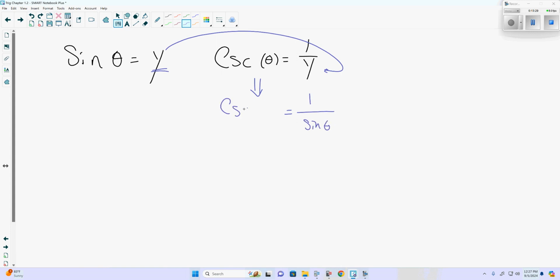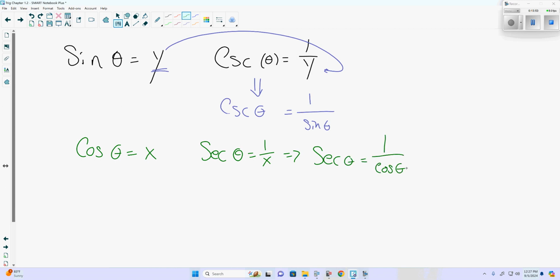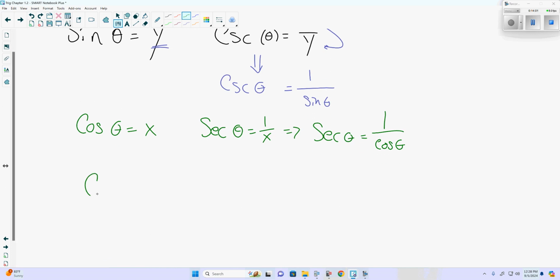So our cosecant is equal to 1 over sine. By that same logic, cosine of theta is equal to x, and secant of theta is equal to 1 over x. So secant of theta is equal to 1 over cosine. And cotangent of theta is equal to 1 over tangent. They're reciprocal functions.